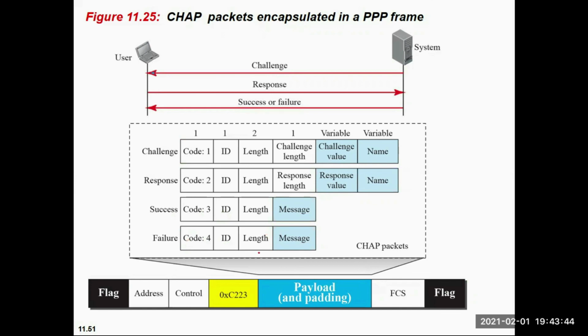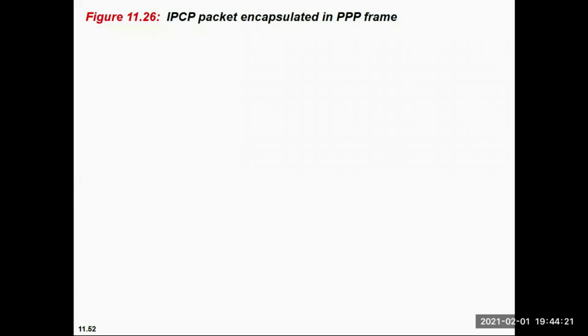Now we will see the Internet Protocol Control Protocol, or otherwise IP Control Protocol, or IPCP. It is responsible for configuring, enabling, and disabling the IP protocol module on both ends of the point-to-point link.